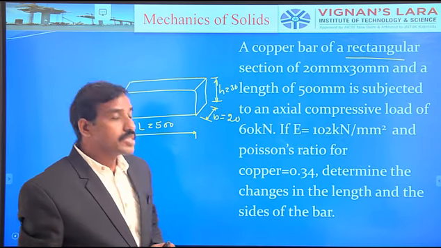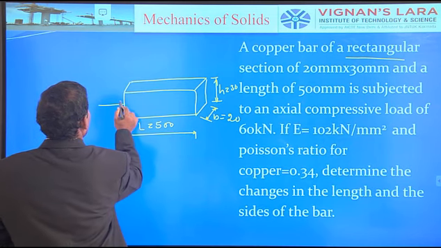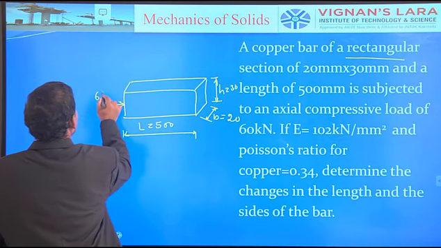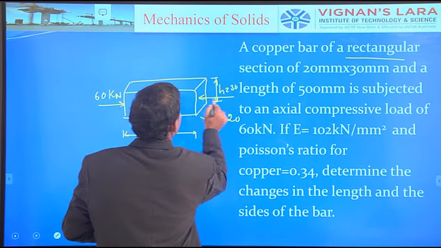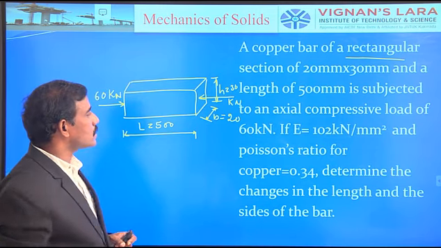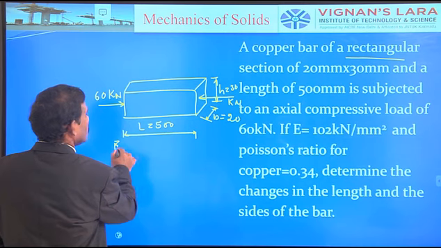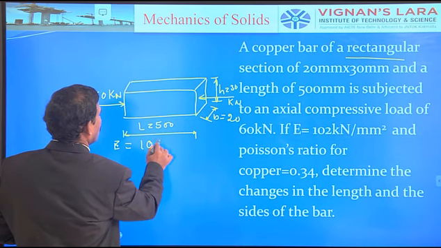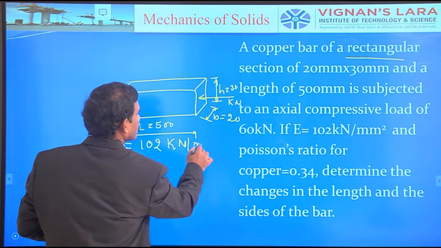It is subjected to an axial compressive load of 60 kilonewtons, compressive in nature. The Young's modulus of the material is given as E equal to 102 kilonewton per mm square.